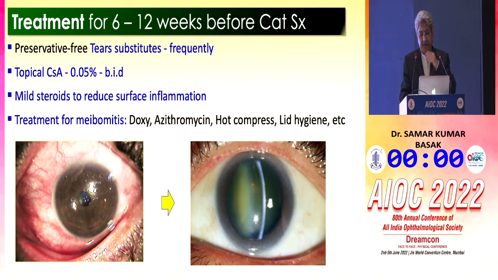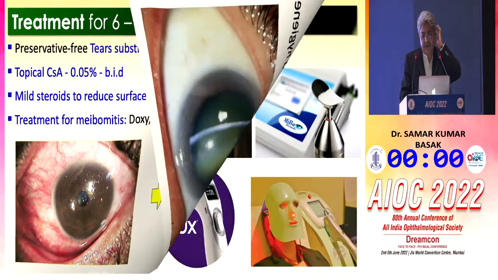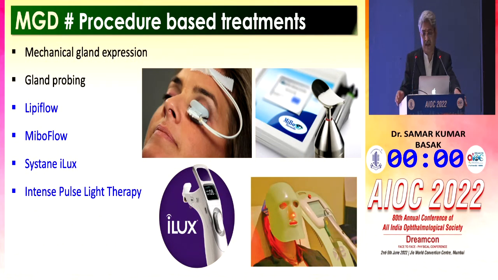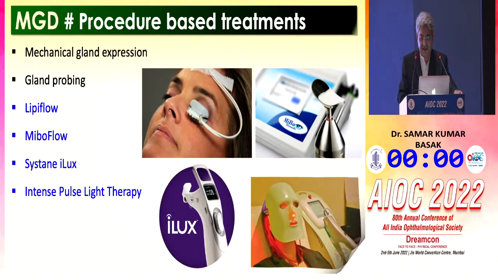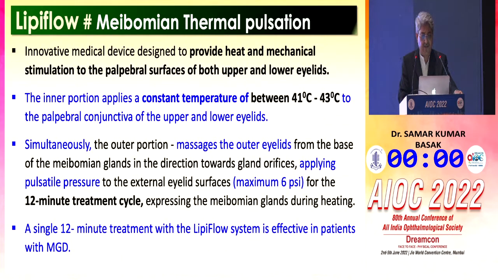And you see that some patients will do well, but for others you have to go for procedure-based treatment like mechanical gland extraction, which we used to do earlier, gland probing, which is difficult, LipiFlow, MiboFlo, iLux, and IPL therapy. I'll be talking about LipiFlow only.